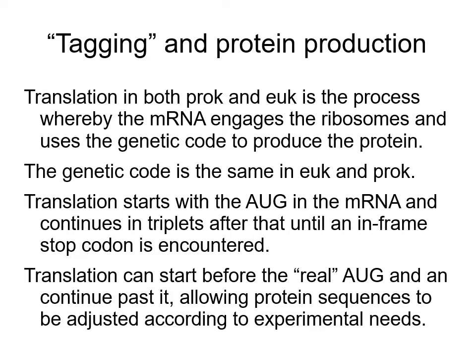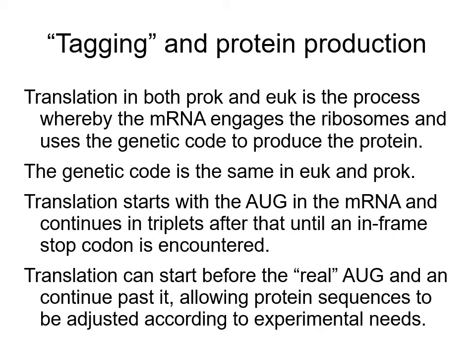All right, so it's important to remember what's happening when you have transcription and then translation across a stretch of DNA. The RNA is going to get produced, and then the ribosomes are going to hop on and use the genetic code to produce the protein. So in these situations, you're going to have an AUG somewhere, and sooner or later you might encounter a stop codon.